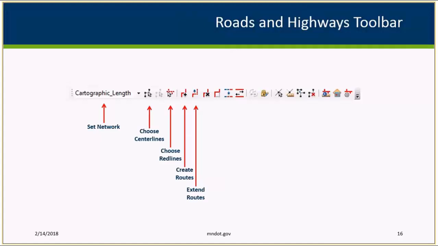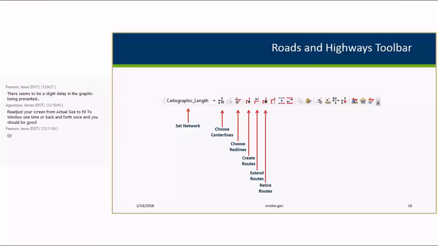We also have retire routes, where you can retire part or all of a route, as well as realign routes, where you change the geometry of the route, reassign routes, where you change the ownership, and reverse route, where you change the direction. We want to apply updates.